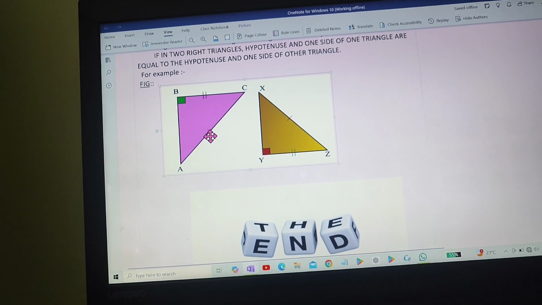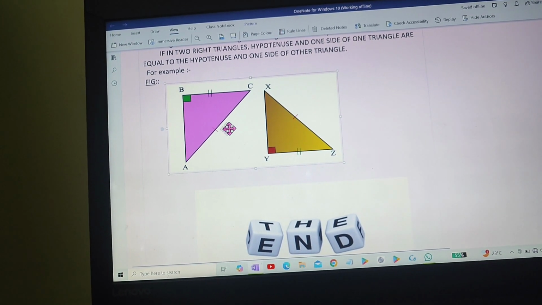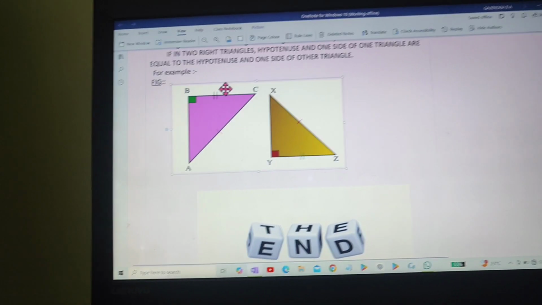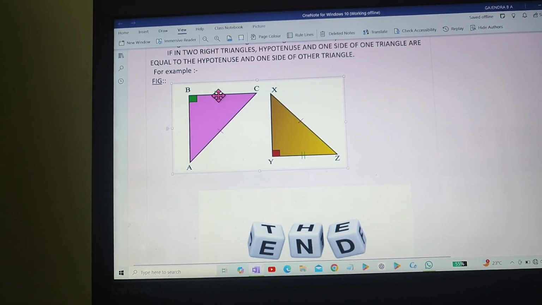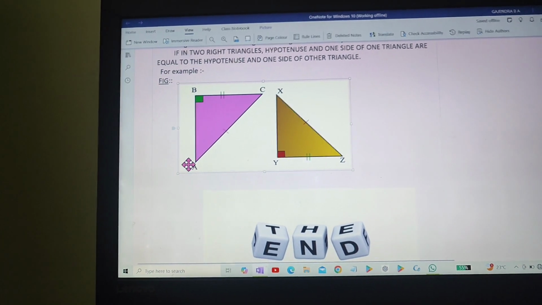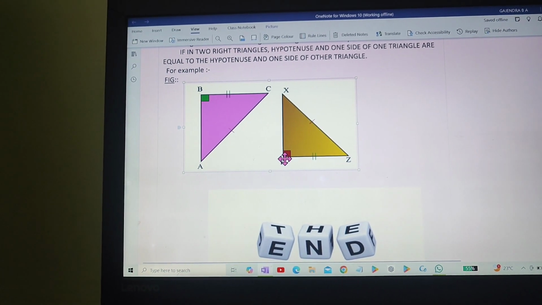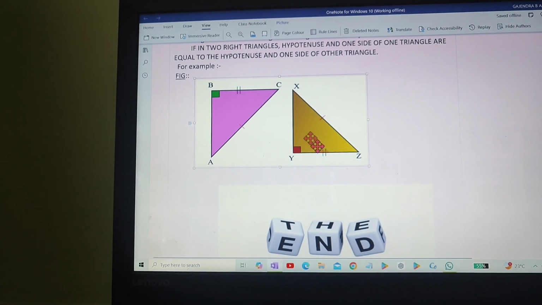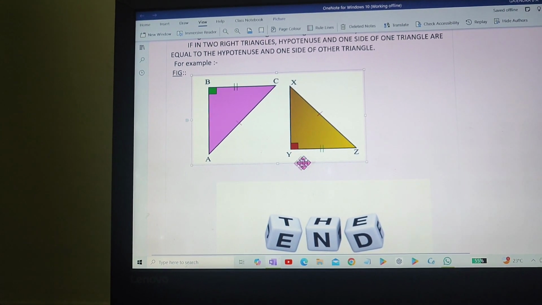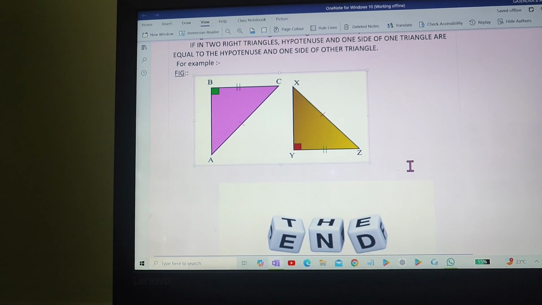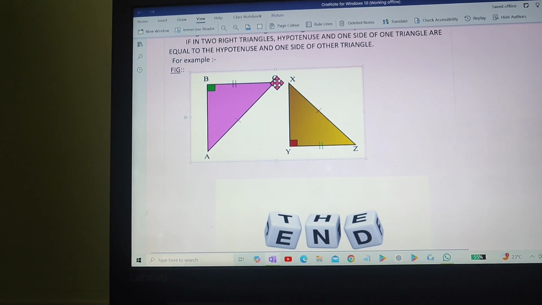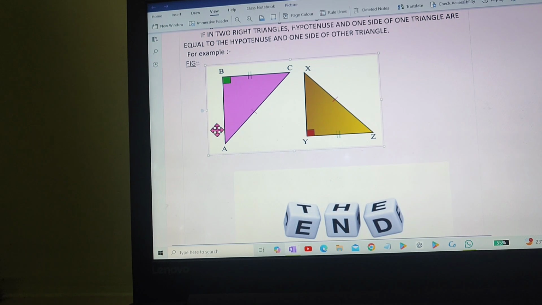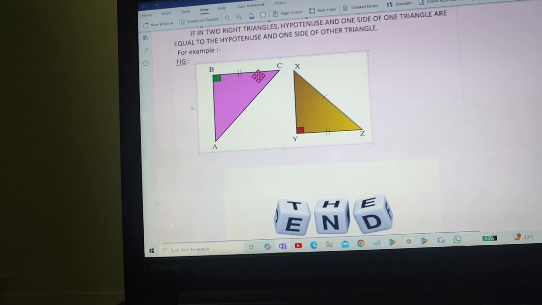It is said that the hypotenuse should be equal in both triangles, and any one remaining side, BC or AB here and XY or YZ here, should be equal in both triangles. Here XY is equal, that is the base, and here BC is equal, that is also the base. If we rotate this triangle upside down, it will be the base.